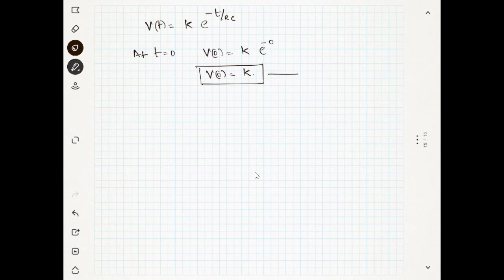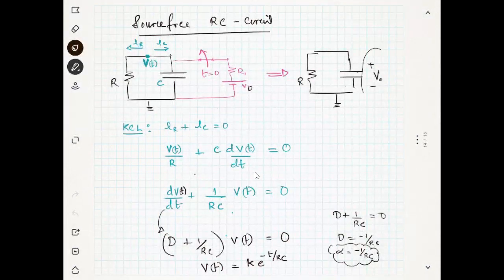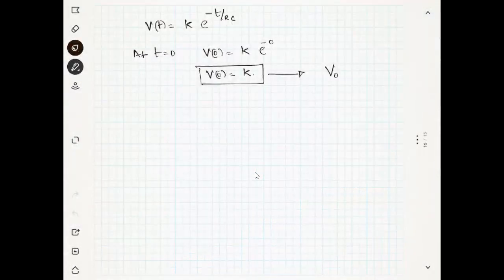I have already told you my capacitor is charged to V0, so my V of 0 is V0.